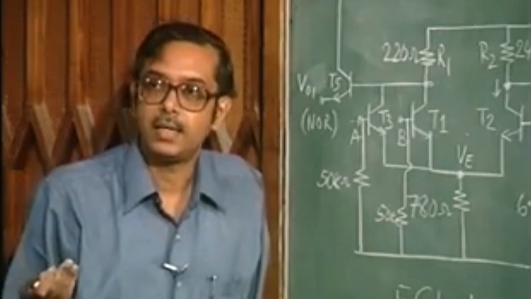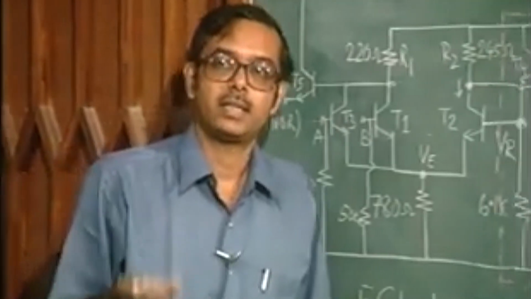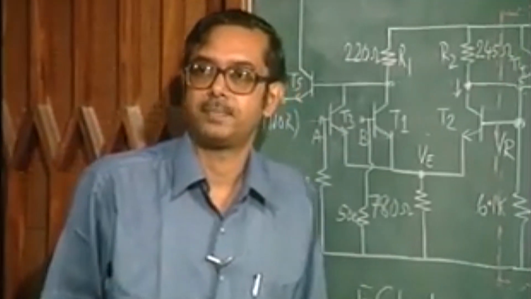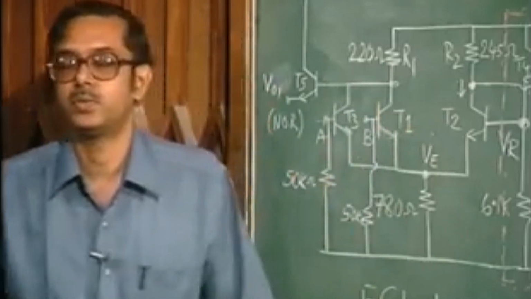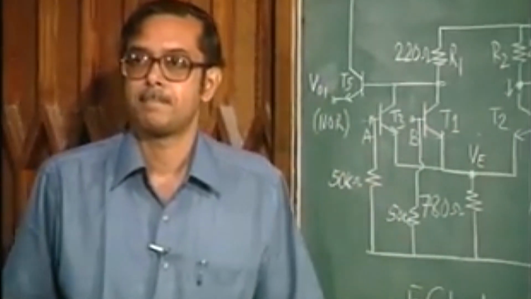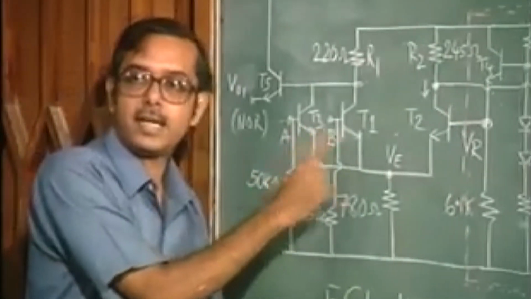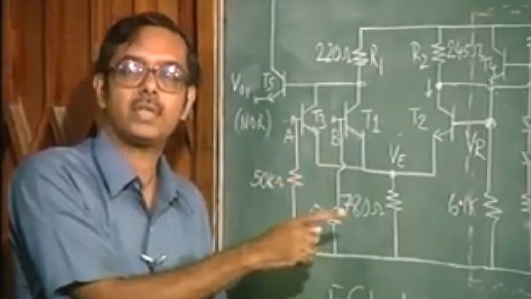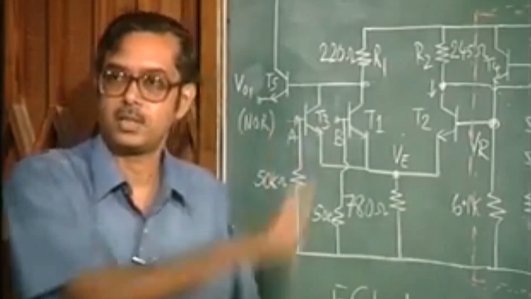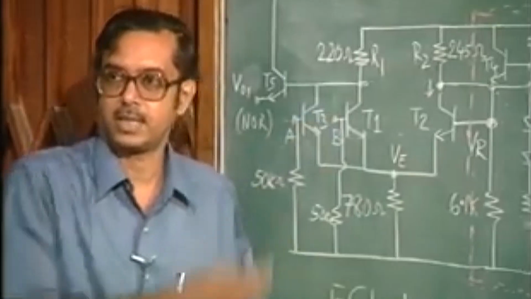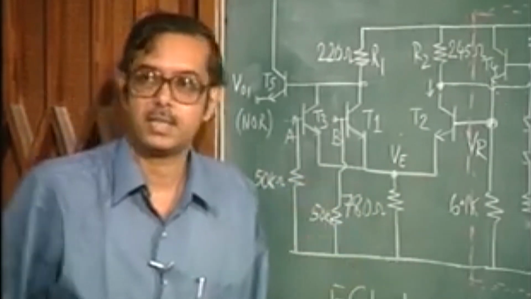The VCE goes on reducing and ultimately the transistor will go to saturation, okay, when this VCE becomes about 0.2 volts. So, in this case the transistor is actually going to go to saturation if you go on increasing the input voltage, because the VCE keeps on reducing. This is just like a common emitter amplifier with an emitter resistance.